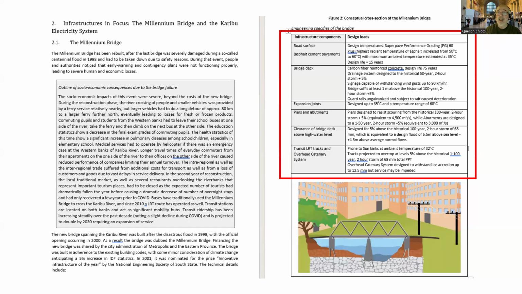Highlighted in red. What do we have there for the bridge? Infrastructure components, road surface, bridge deck, expansion joints, piers and abutments. The bridge deck itself, although that's mentioned earlier, and this is looking at the clearance of the bridge deck in terms of, I believe, the soffit, which is the underlying portion of the bridge, and then a nice addition looking at transit LRT tracks and the overhead catenary system.